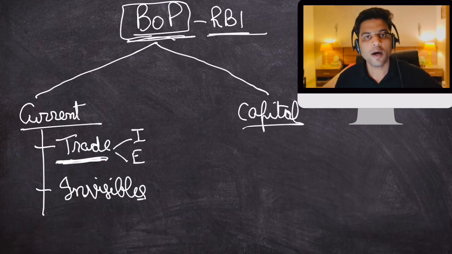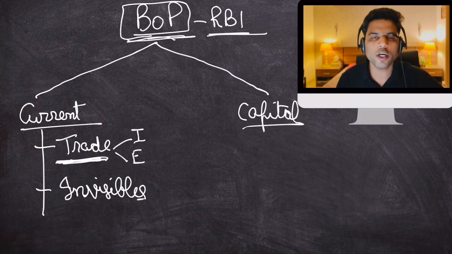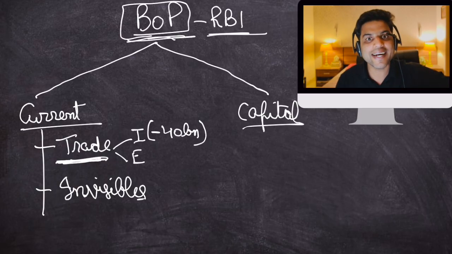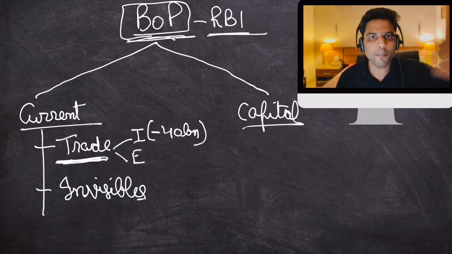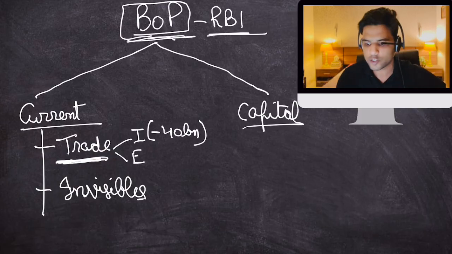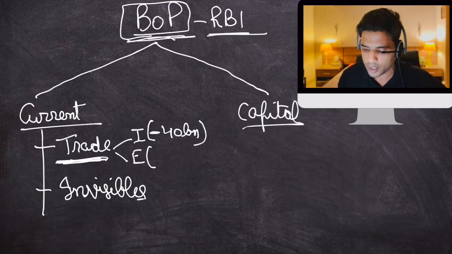Now, let's suppose India imports $40 billion of goods. So it will be written minus $40 billion. Why have we written minus? Because money is getting out of India. When we import something, we take the goods and give money. So money is getting out of India, and it's written with a minus sign. And when we export, let's suppose our exports were plus $20 billion.